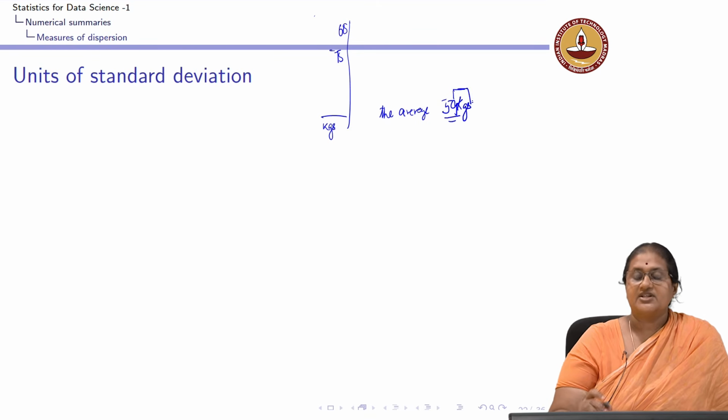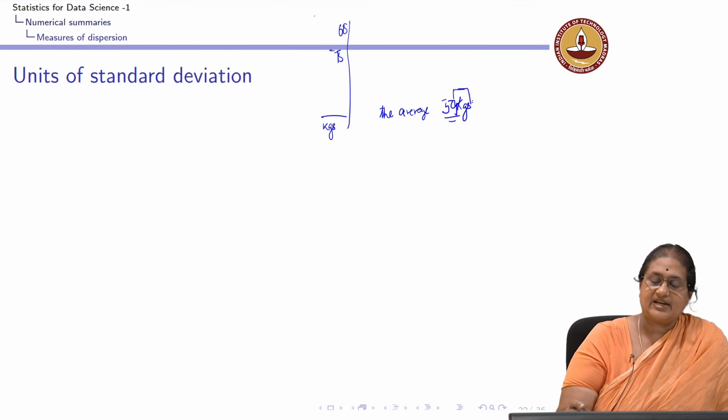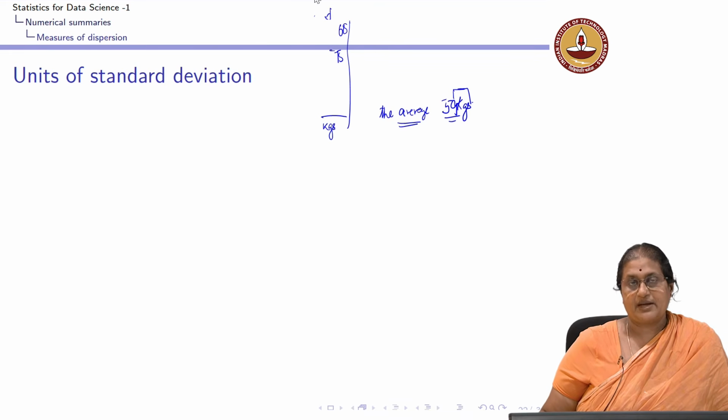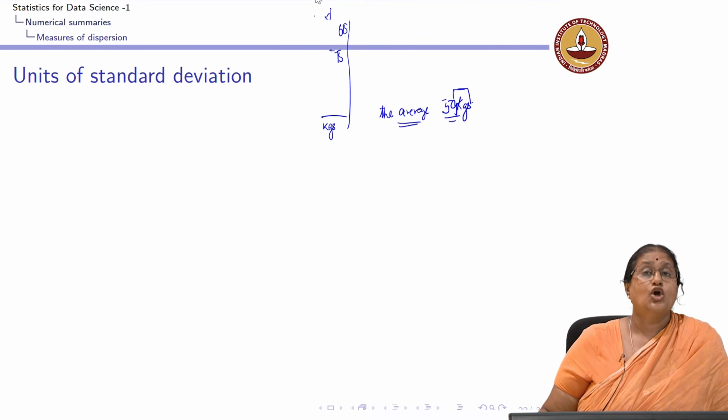In other words, the average of a data set has units which are the same as the original measurement. I repeat, the average of a data set has the same units as that of the original data set.